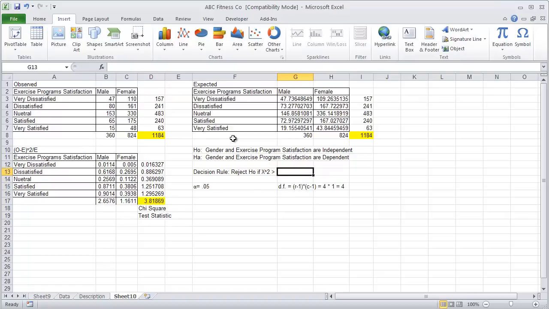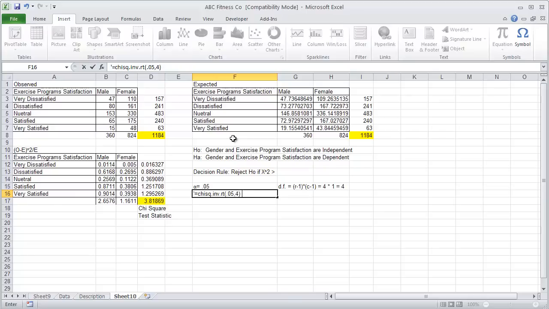So we can enter this in the system one of a few ways. I put an apostrophe in the beginning, so it's going to treat it as text. So equal chi-square dot inv dot rt. If you're using Excel 2010, you can do 0.05, and your degrees of freedom is going to be 4.